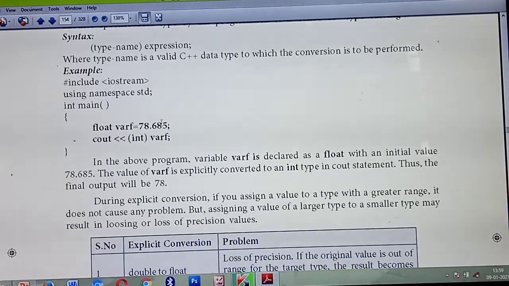So the programmer is giving conversions using this variable f. Like this, you can lose some values. Listen carefully: the input is 78.685, but the output is only 78. So you have the chance to lose precision, that is, after the decimal point you lose some values. If you assign a greater range of values, no problem.